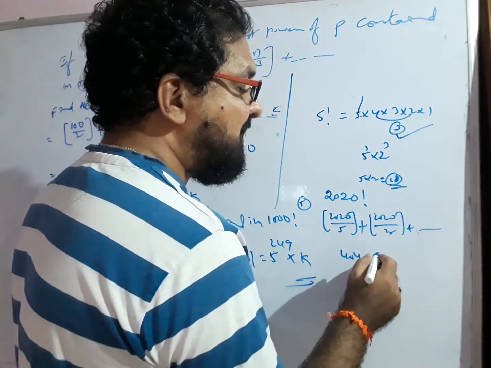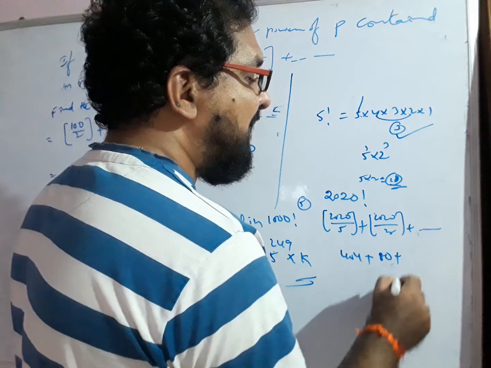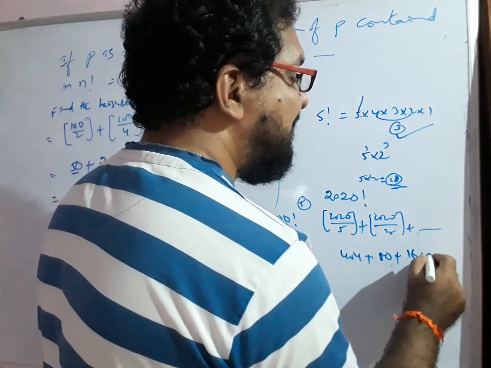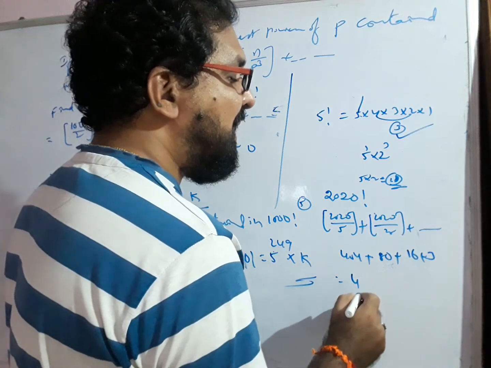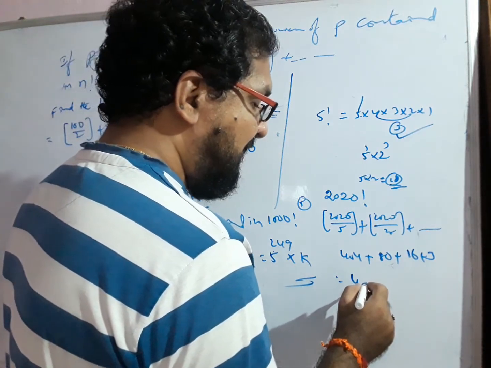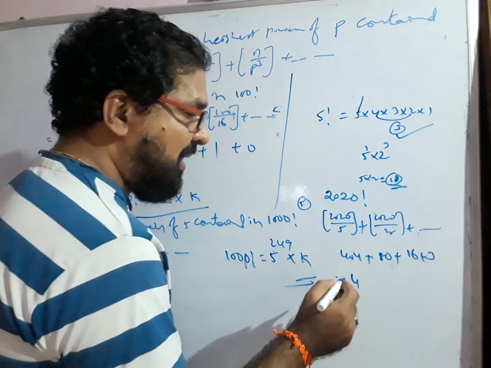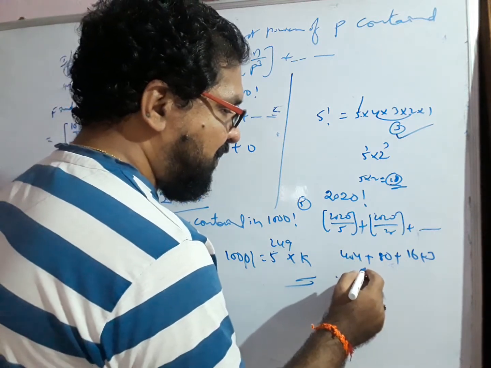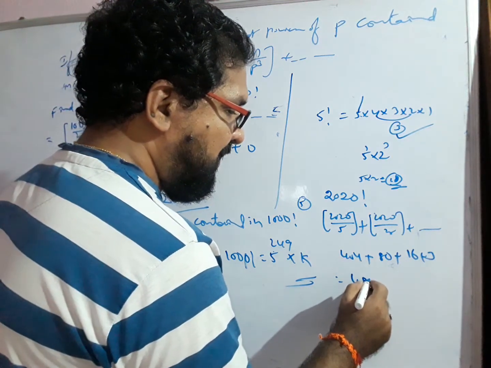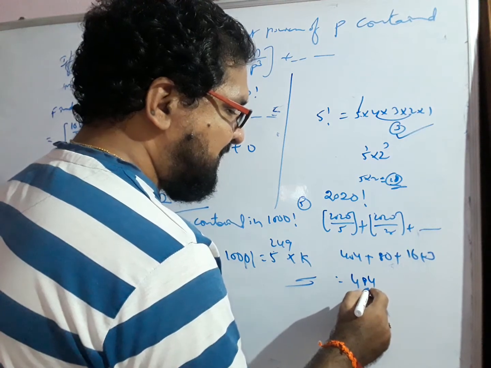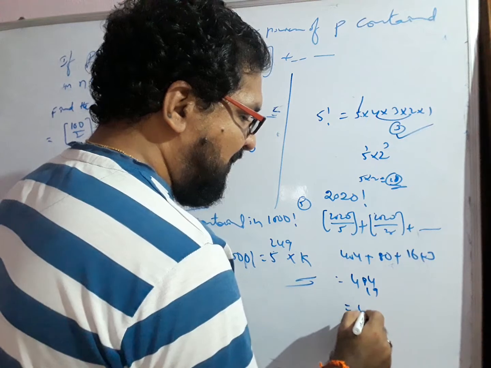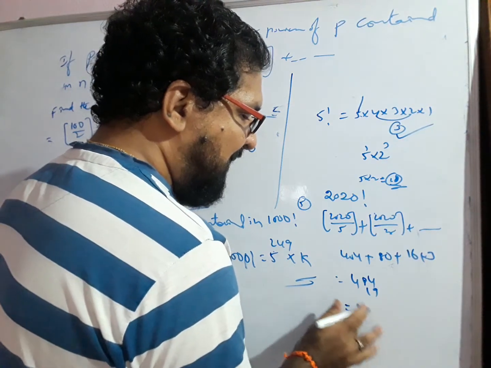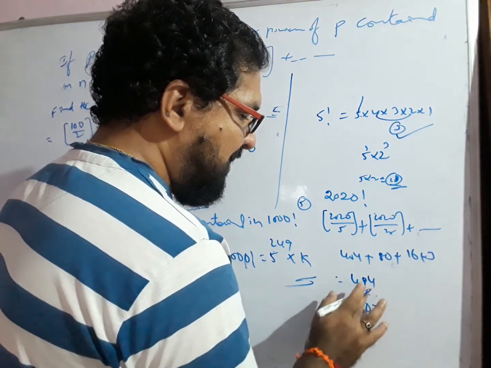Again one more 5 means 80. Again one more 5 means 16. Again one more 5 means 3. So nothing but 404 plus 80 plus 16 plus 3, that is 503.